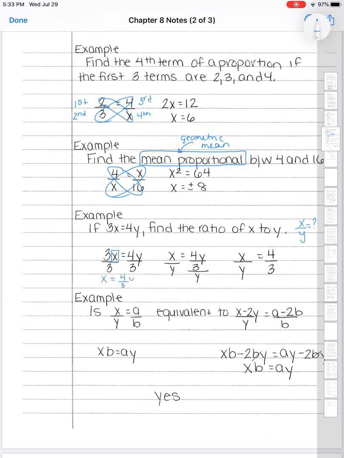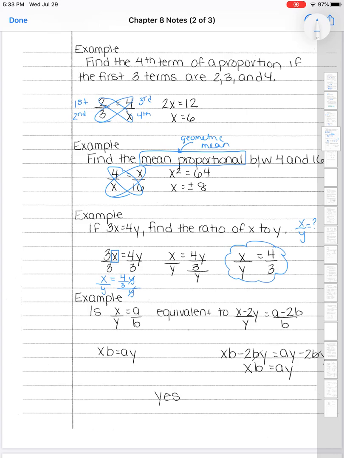Now the last type of problem that you're going to see is going to ask you to solve for a particular ratio. So it says if 3x is equal to 4y, let's find the ratio of x to y. So if we want the ratio of x to y, what that means is it has to be x over y in the end, equals something else. That's what we're looking for. So first thing I want to do if I want to keep x in my numerator is I got to get rid of this 3. So I'm going to divide by 3.